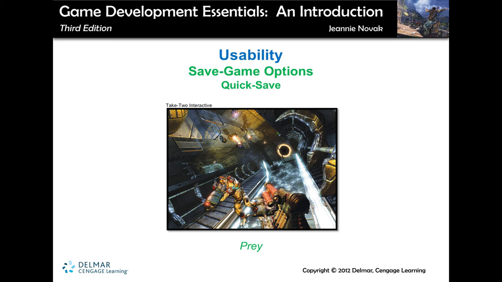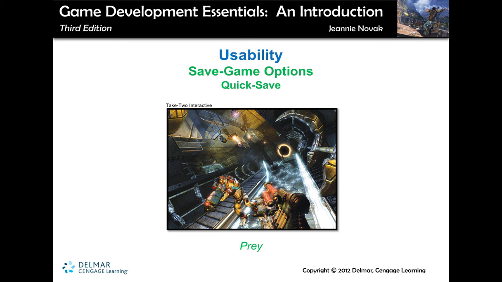But the first one is quick save, where the player can just quickly save the game at any point. This doesn't really affect the player's immersion, but the disadvantage to this is that you usually only have a single save slot, and you might be in the middle of a fight and you do have to think about saving the game.